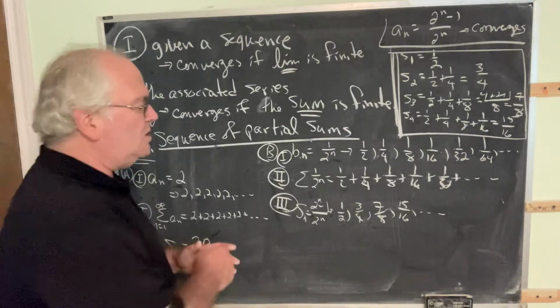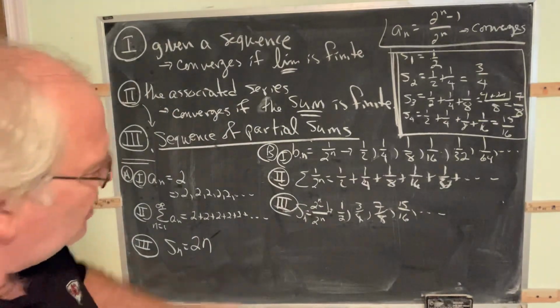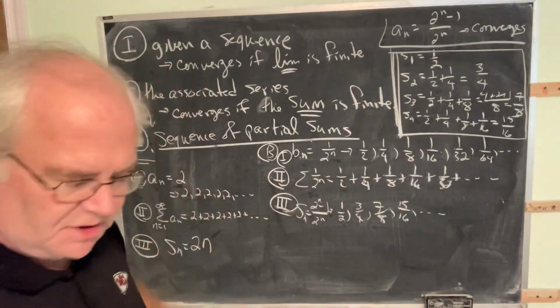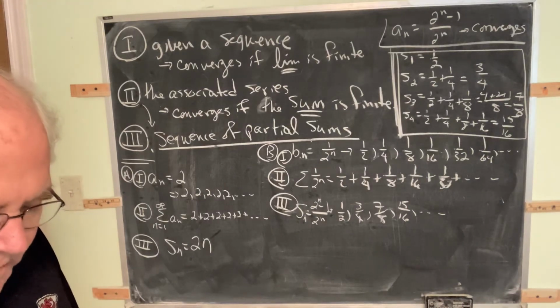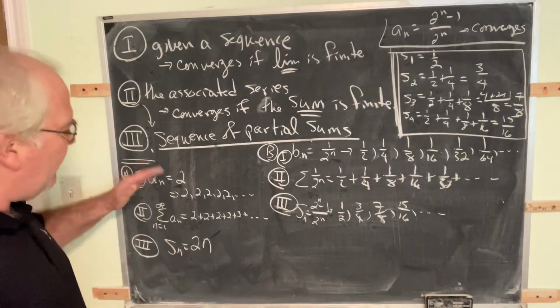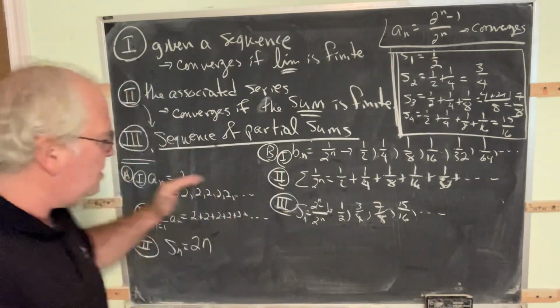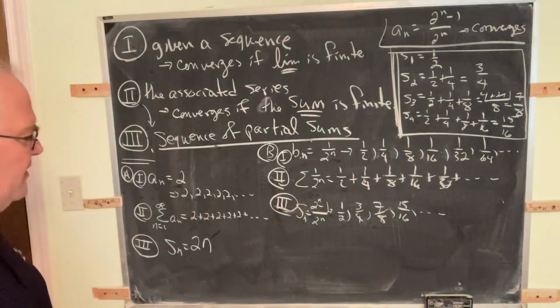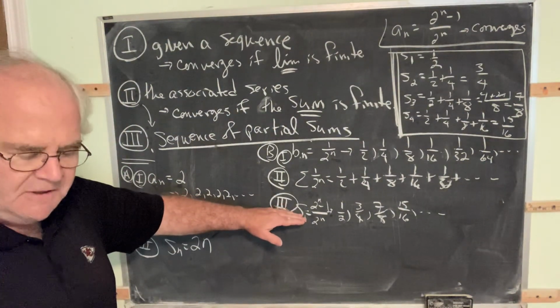So we're going to find some other ways to go about this process so that we don't need to generate these partial sums. We're going to investigate ways to determine and understand this behavior without needing to go all the way down to the partial sums. All right?